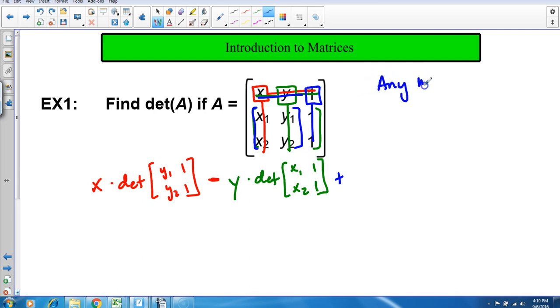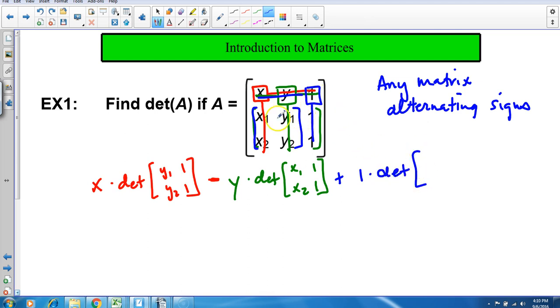This is any matrix. Notice that we're alternating signs. And we can do this with a 4 by 4 or a 5 by 5. And again, just to reiterate, we can only take the determinant of a square matrix.